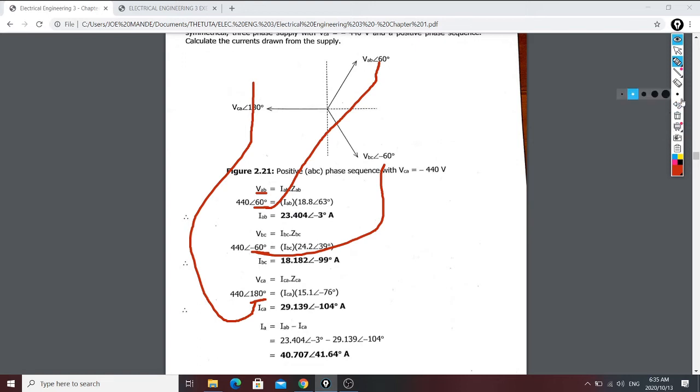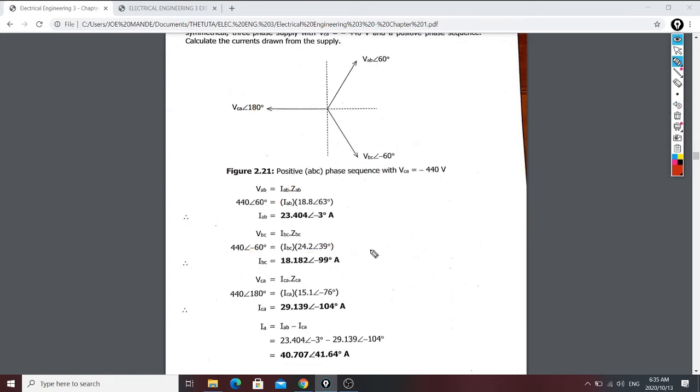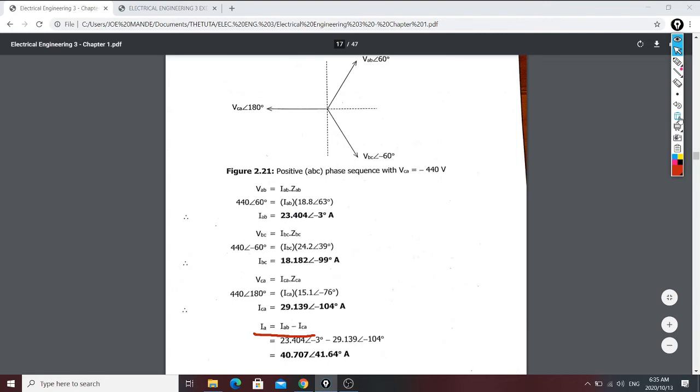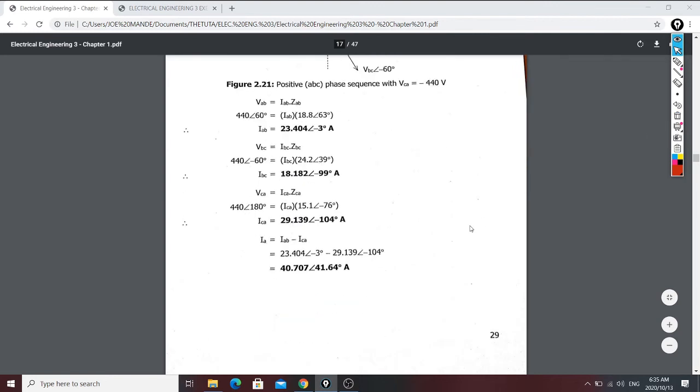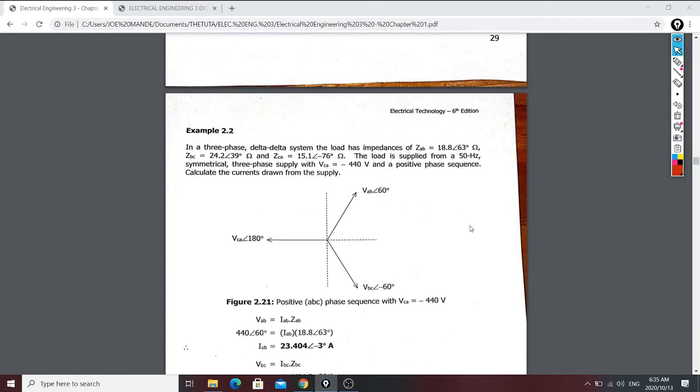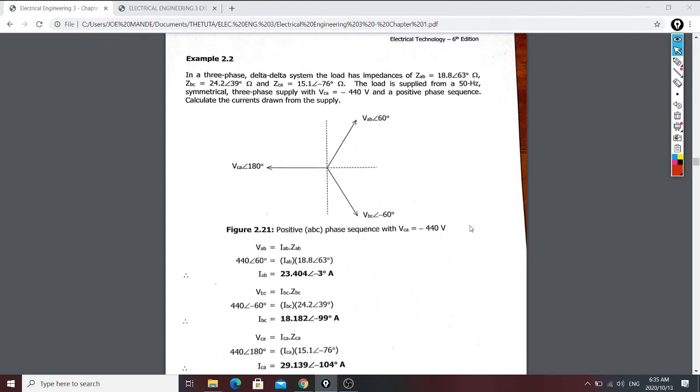And then once you get the three currents, you can apply your junction current law on each junction. Then you can get your current IA, you can get your current IB, you can get your current IC, and on and on. So the idea is really clear, but the most important of all is just for you to draw your phase sequence.